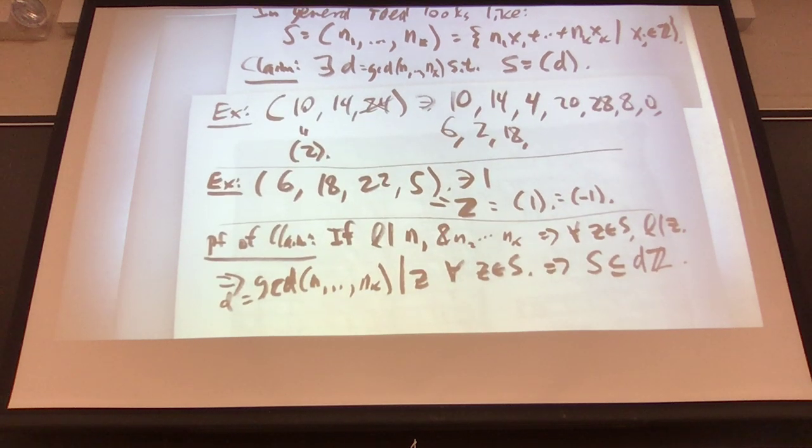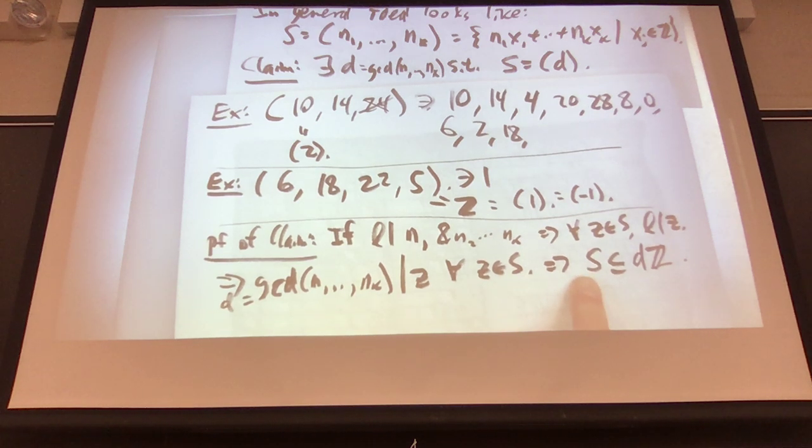Now I want the opposite inclusion. How do I get the opposite inclusion? It's even easier than that, because I want to know that all of DZ is in S. So all I want to do is get D in S. We know that all of S is contained in DZ.